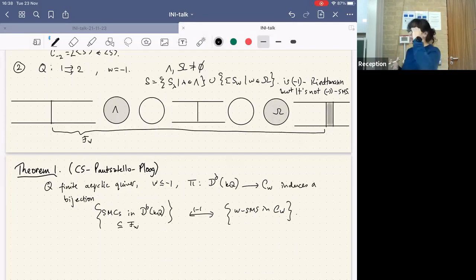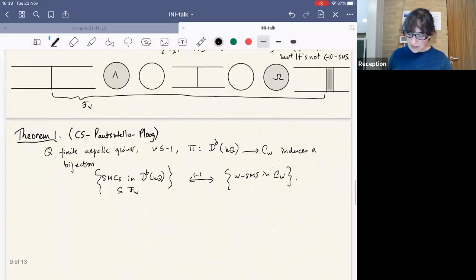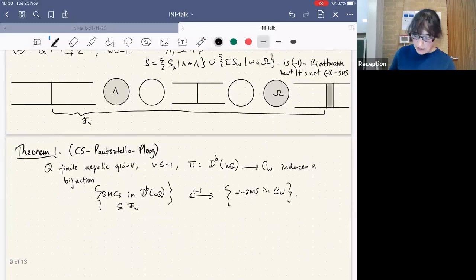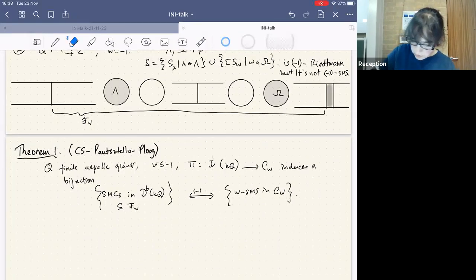Okay, so the statement is really a complete analog of the positive Calabi-Yau setting, but the proof is more complicated because of this. So I should say this is a generalization of a result by Iyama-Jin last year.